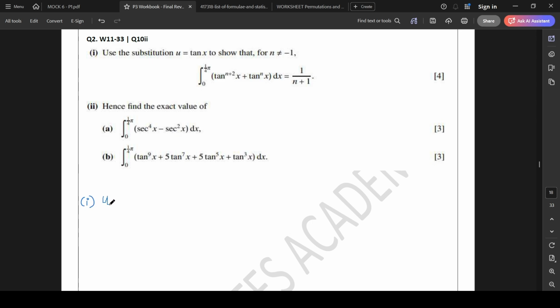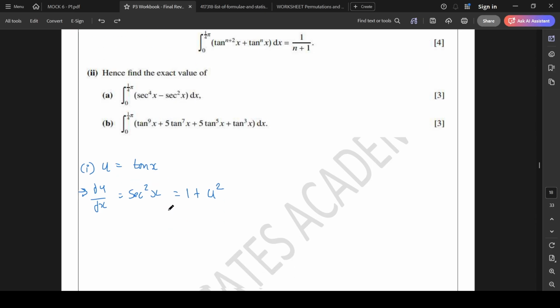So I know that u is equal to tan x. So I'll differentiate, du with respect to x will become sec square x. I know that there is a relationship of 1 plus tan square is equal to sec square. So I'm going to utilize it over here and say that this is same as writing 1 plus u square, because u is equal to tan x.